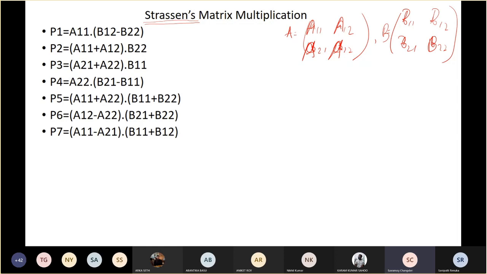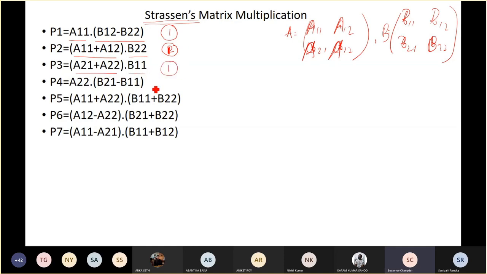Okay, so the first term he considered is A11 multiplied with B12 minus B22. So we require one multiplication for finding the term P1. Similarly, he added A11 with A12 and multiplied with B22 to get the term P2. So we require another multiplication, so altogether 2. Third, A21 plus A22 multiplied with B11.